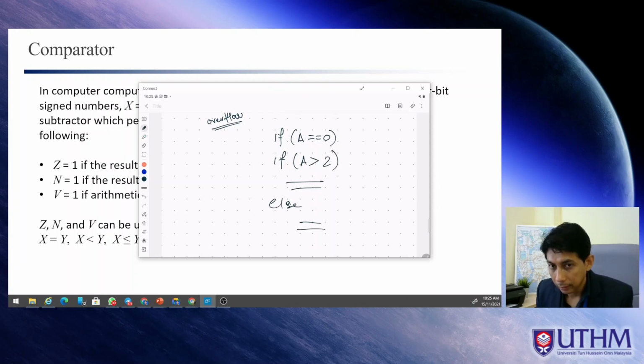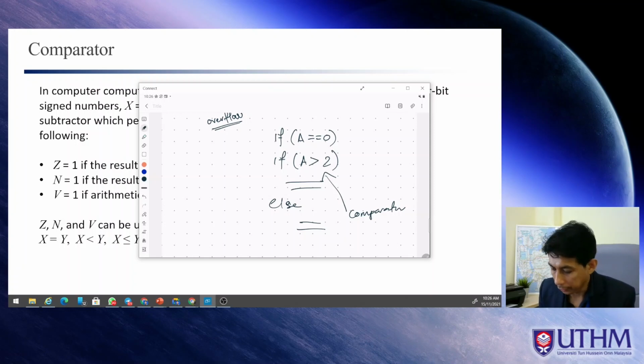All right. So this is in program, but inside your computer, you need a comparator, a circuit that can compare numbers and give you the result whether a is bigger than 2 or less than 2.